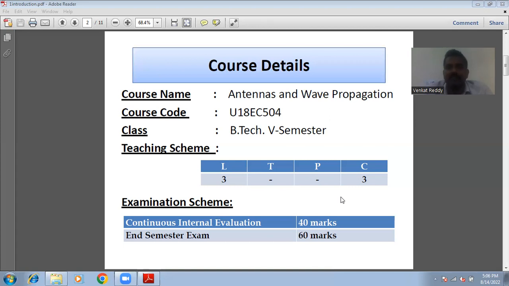As part of the teaching learning practices, in our college we have the course web, which is the interface between the faculty and student. It is the interface between the teacher and the student.